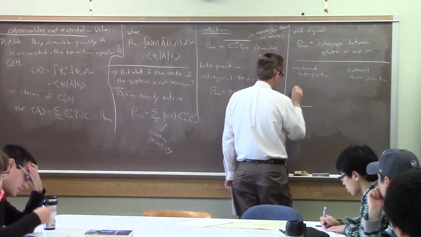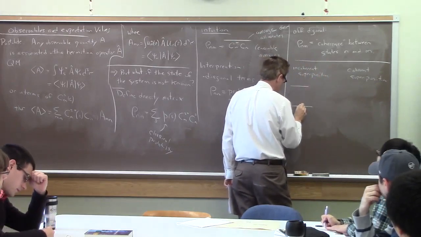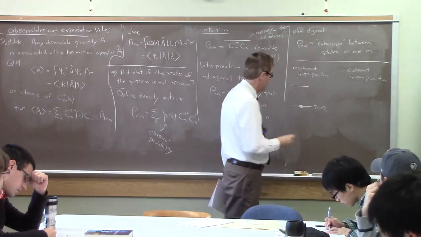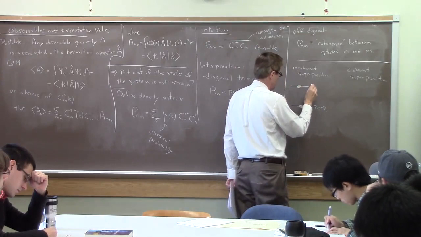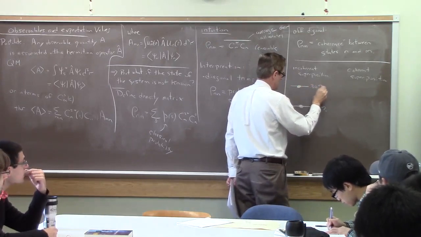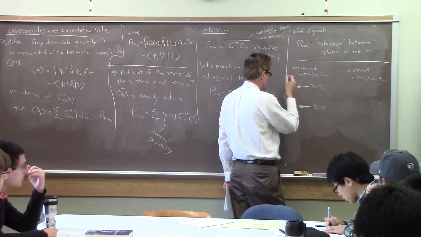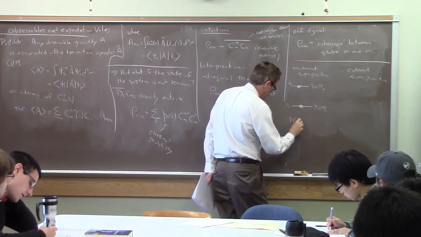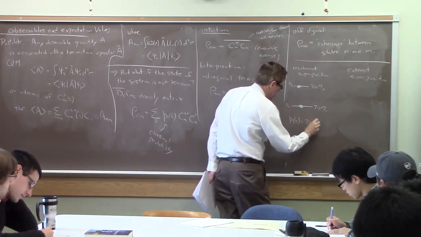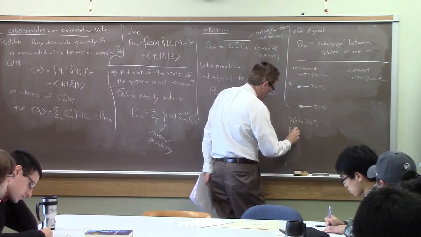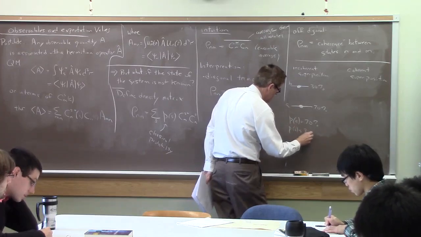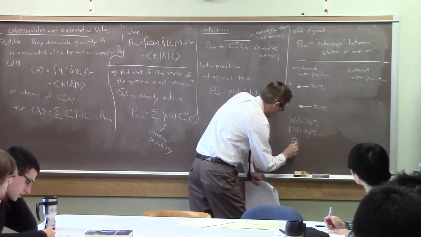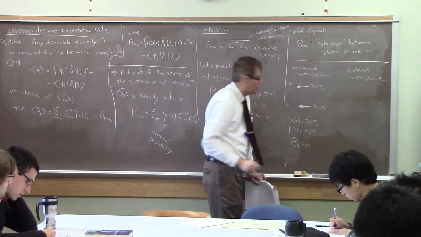If you have an incoherent superposition, let's say, as I said before, that 70% of the atoms are here and 30% are here. Let's call this A and B. That means that the probability to be in level A is 70%, the probability to be in B is 30%, but rho AB is equal to 0.